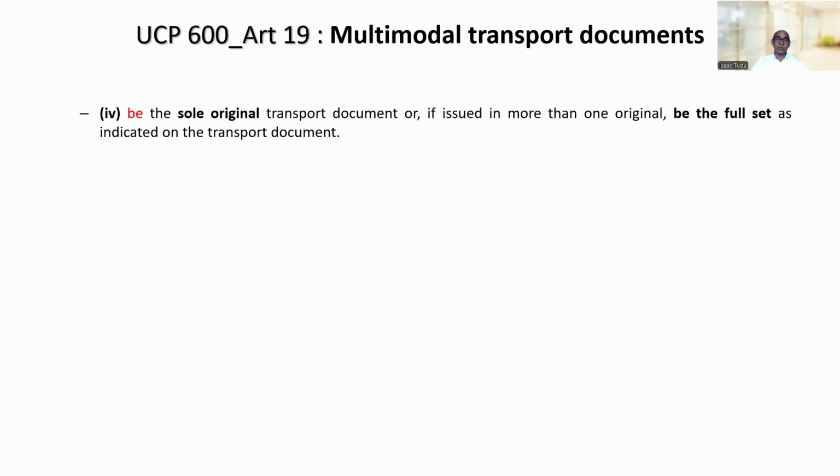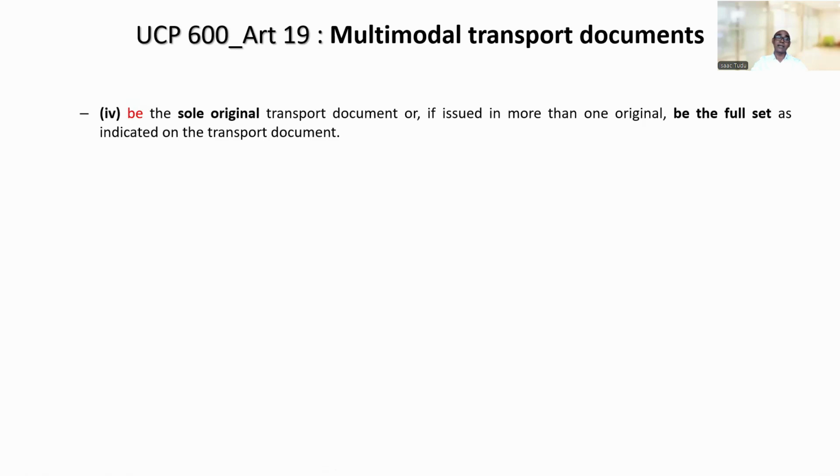The multimodal transport document must appear to be the sole original document that has been issued, or if it indicates that it has been issued in more than one original, all of the original multimodal transport documents need to be presented, right? Unless the LC itself indicates disposal instruction for one or more original multimodal transport documents. So a multimodal transport document is to indicate the number of originals that have been issued.